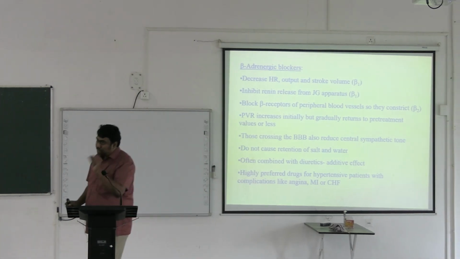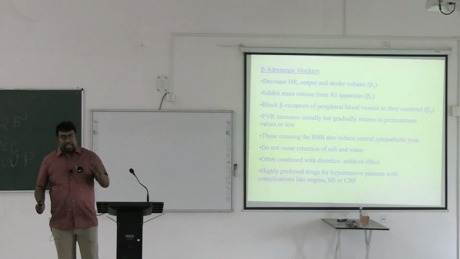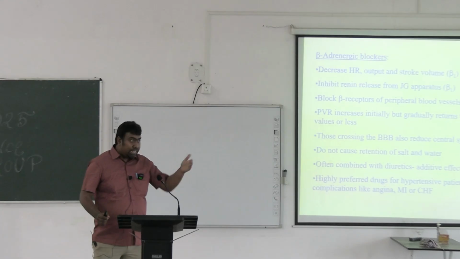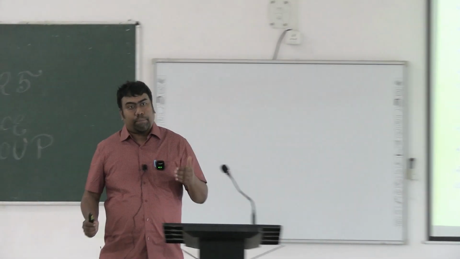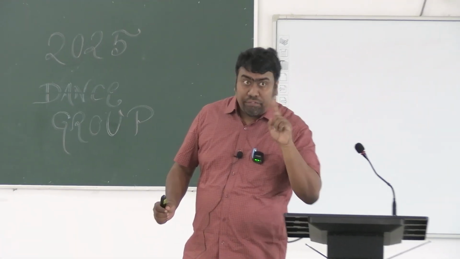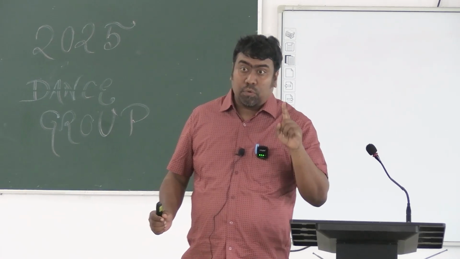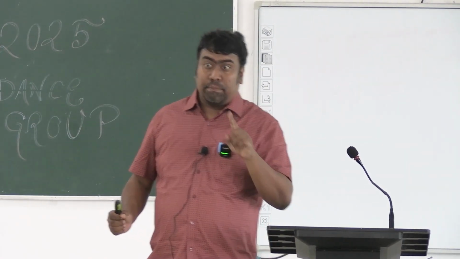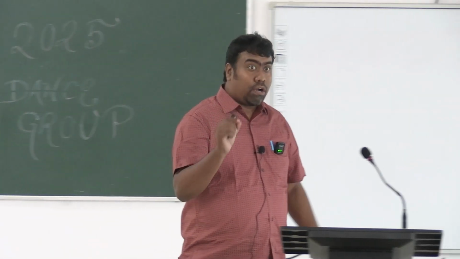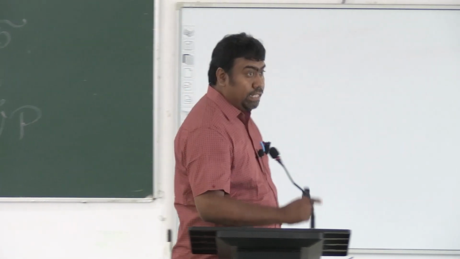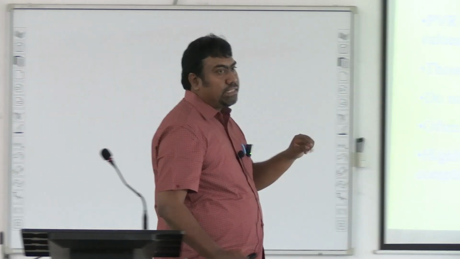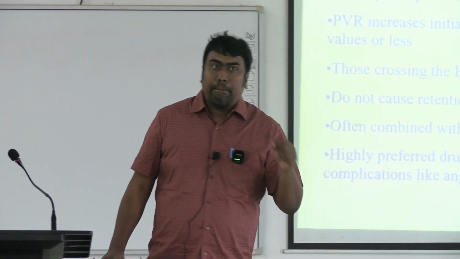What are they? One is beta 1 present in the heart, reducing heart rate and cardiac output, resulting in reduced hypertension. There is no effect on total peripheral resistance, because peripherally it is not beta 1 but beta 2 that is present. And the second one is that by blocking the beta 1 present in the juxtaglomerular cell, they depress the RAS system.